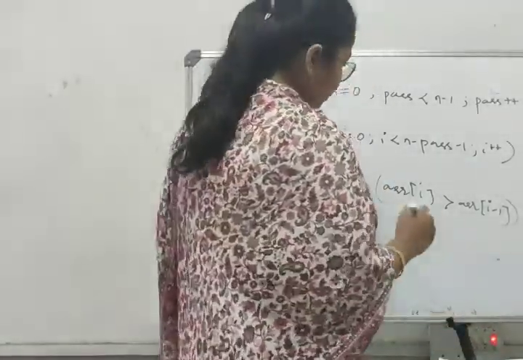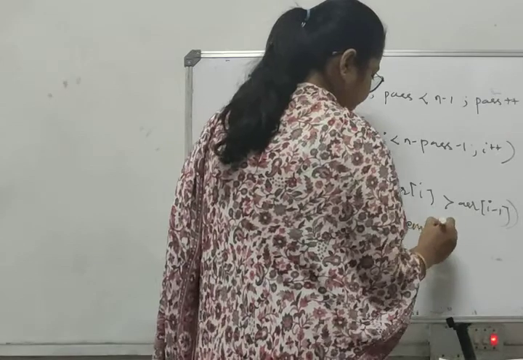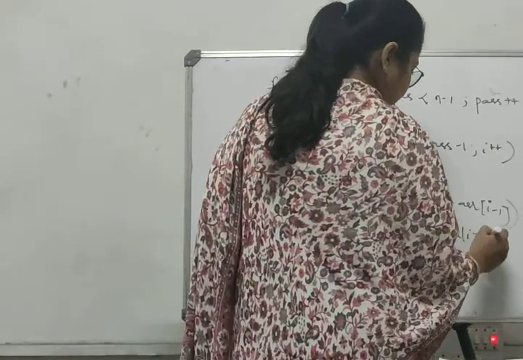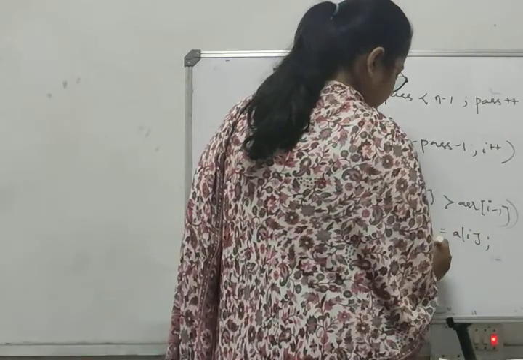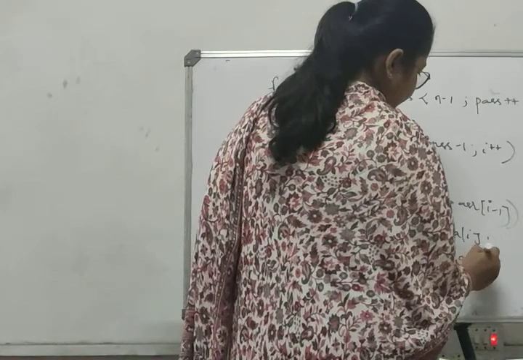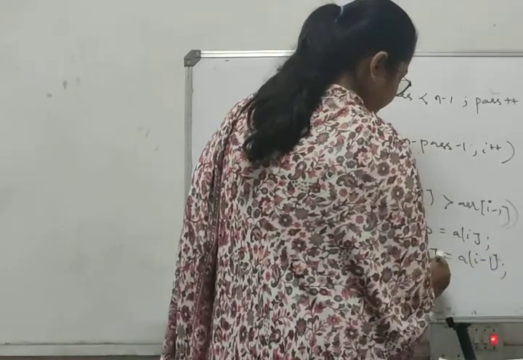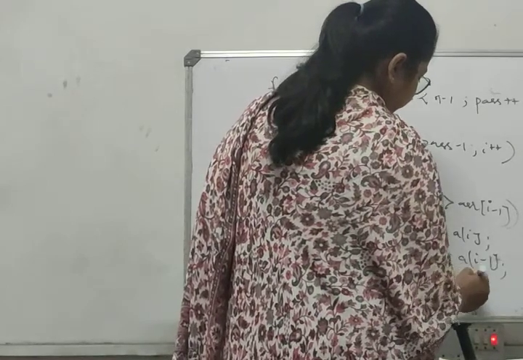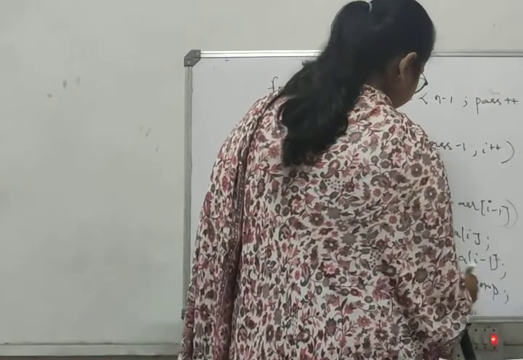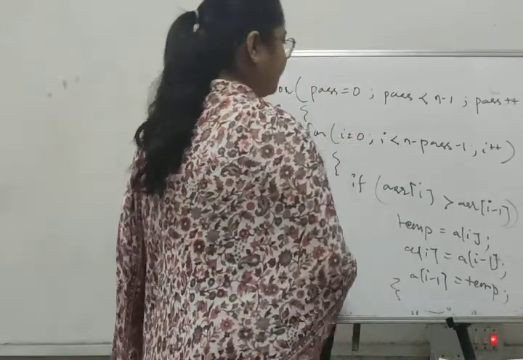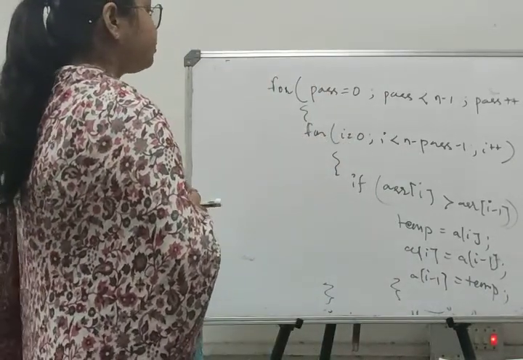You have to take a temporary variable: temp is equal to arr[i], arr[i] is equal to arr[i minus 1], sorry, then arr[i minus 1] equal to temp. So this is your swapping method.